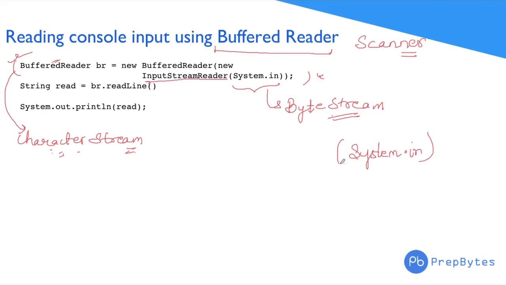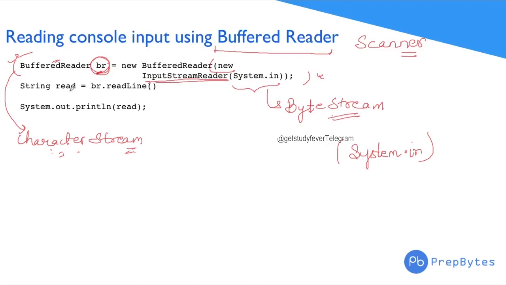This byte stream has to be converted to a character stream, which is done by the constructor of new InputStreamReader. Now this character stream is read by BufferedReader. Right now we just have the object of BufferedReader. This br is the object that is ready to read whatever input the user gives.